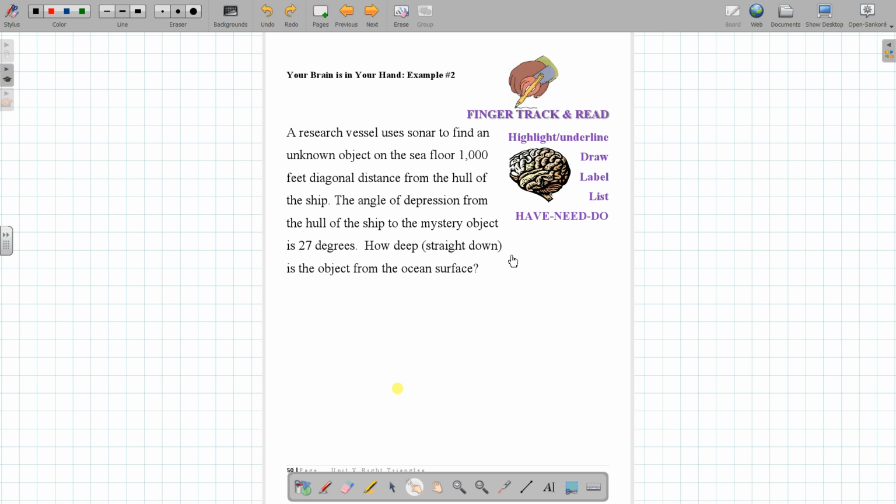How deep, straight down, is the object? Ready? Go back, underline all your numbers and keywords. We have a research vessel and an unknown object, 1,000 feet diagonal from the hull of the ship. We have an angle of depression, 27 degrees. How deep, straight down, is the object?